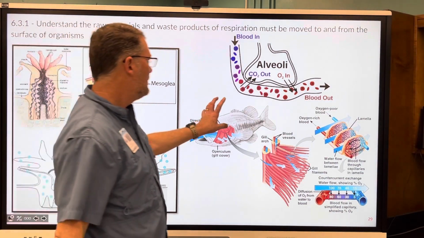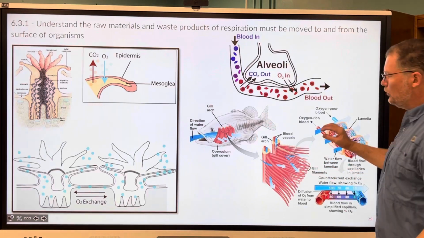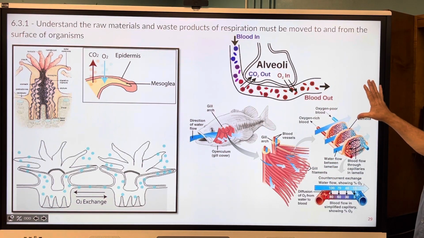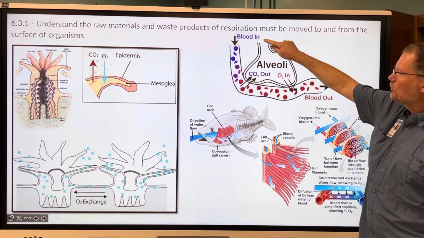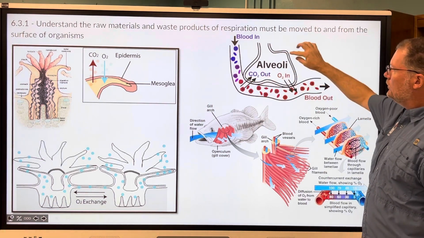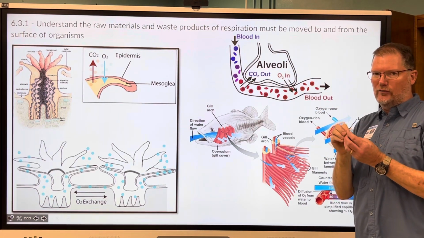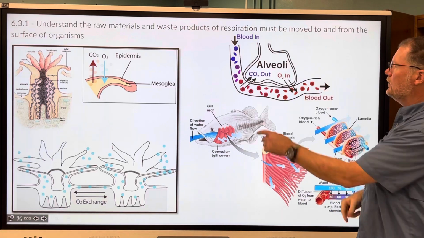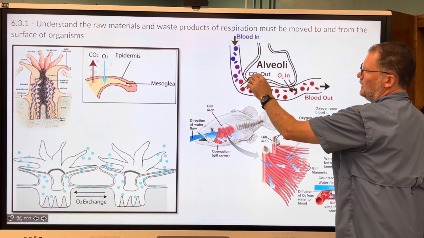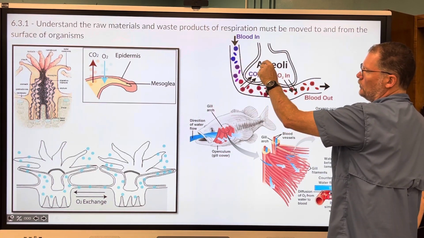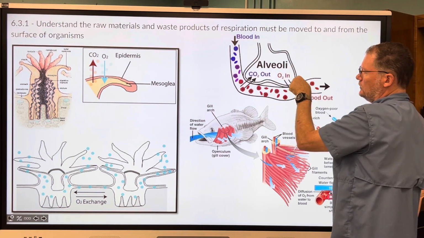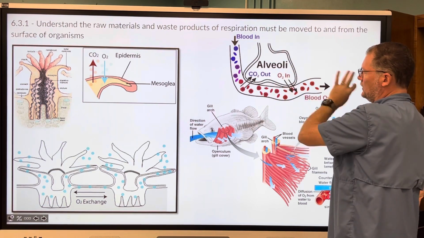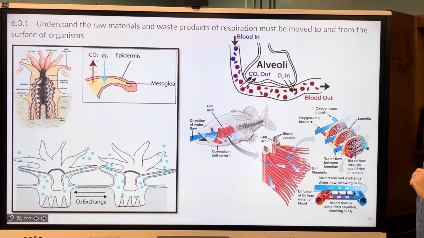And then this is lungs, so here's our lungs. These are the little grapes called alveoli in our lungs, where it touches capillaries, and so the carbon dioxide diffuses out and we breathe it out, and the oxygen comes in and diffuses in and travels through the circulatory system that way.